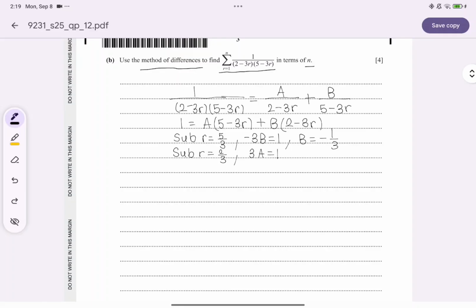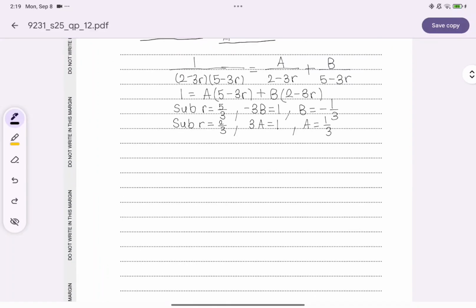That would be equal to 1, so a would just be 1/3. Hence, this final expression would give us 1 over 3 times (2 minus 3r) minus 1 over 3 times (5 minus 3r).